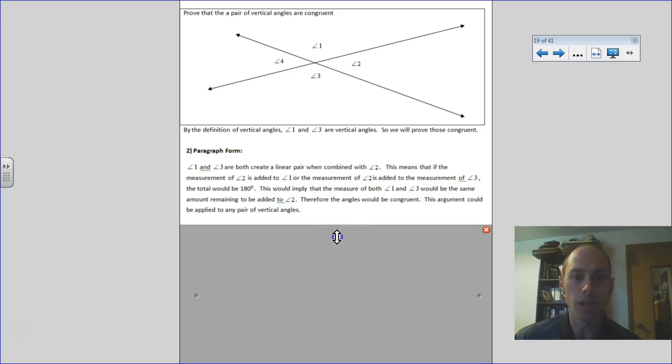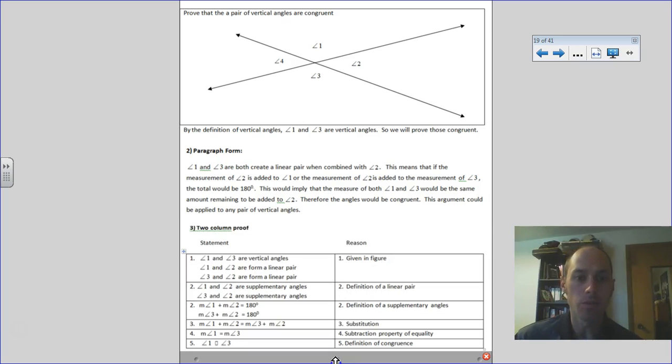It doesn't have to be a 2-column proof. But if you want to write the 2-column proof, we list what we know. 1 and 3 are vertical angles. 1 and 2, I can look from the diagram, they form a linear pair. 3 and 2 form a linear pair. So it doesn't have to be told to me. I can just say, well, it's given in the figure. By definition, those are a linear pair. So 1 and 2 are supplementary, and 3 and 2 are supplementary because that's the definition of a linear pair.